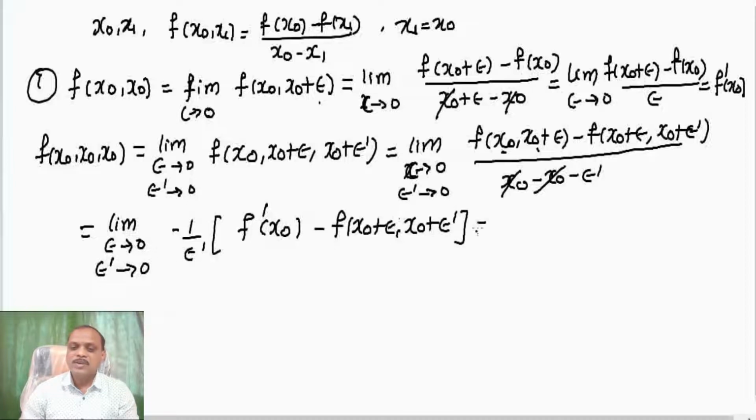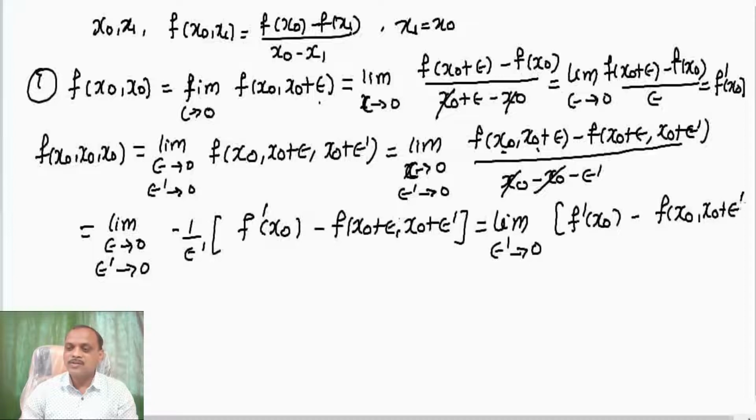Now apply the limit epsilon tends to 0, so limit epsilon dash tends to 0 of f dash of x0 minus f of x0 comma x0 plus epsilon dash, divided by epsilon dash with a minus sign.